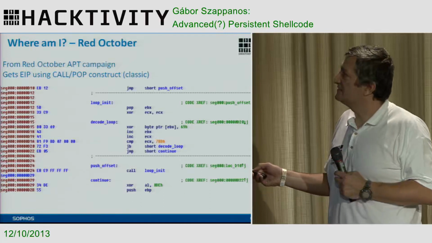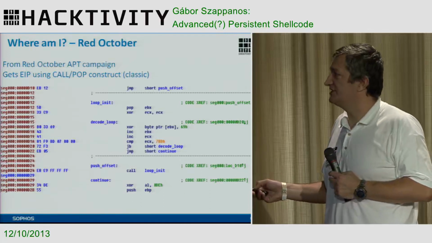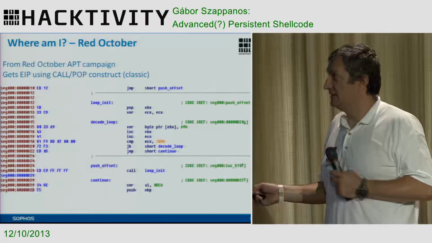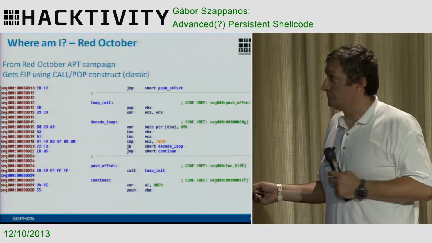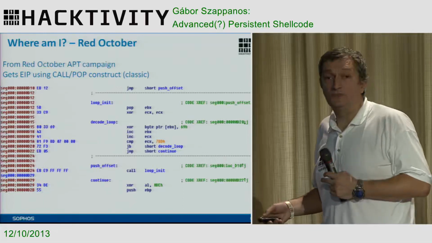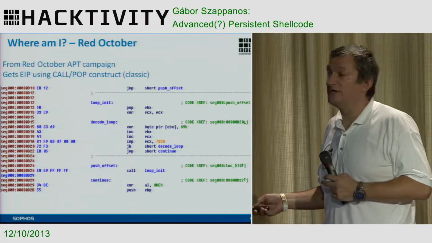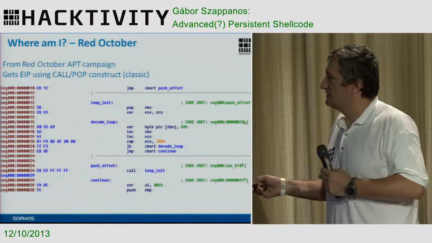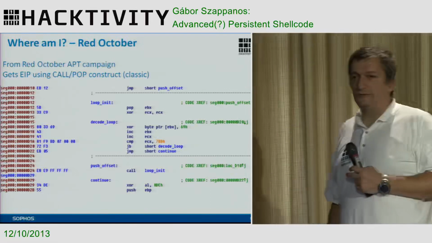So at this point, in the EBX register, we have the absolute memory address of this line, of this memory location. And from that on, the shellcode knows exactly where it is lying in the memory. It can start to decrypt using this pointer with the simple XOR cryptor.